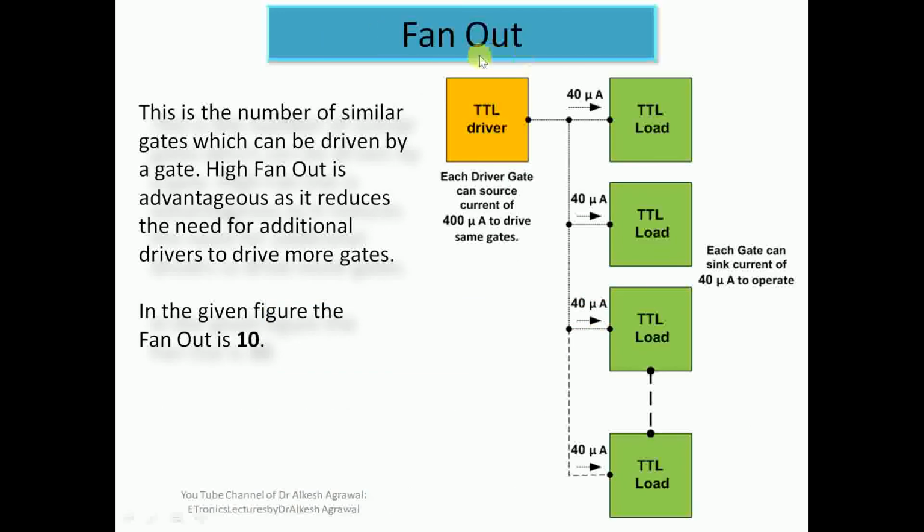Then we have another characteristic, fan out. Here you can see we have a TTL driver or a TTL gate. This is a driver and this is a load. We have the same type of TTL gates acting as a load, and this is a TTL driver. A driver gate acts as a source of current. The maximum capacity of a TTL gate as a driver is 400 microampere, whereas an individual TTL gate that acts as a load sinks on average about 40 microampere of current.